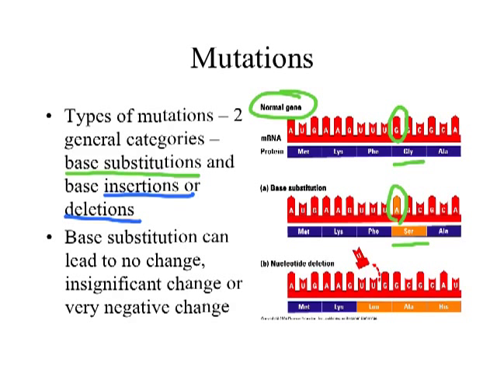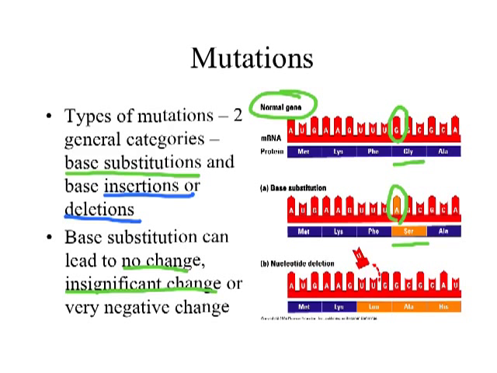So we've got this substitution here. Now this can either not affect it at all, so whether there's a glycine there or a serine doesn't matter within the polypeptide chain, it's not going to make a big difference. So we can either see no change, or we can see an insignificant change.